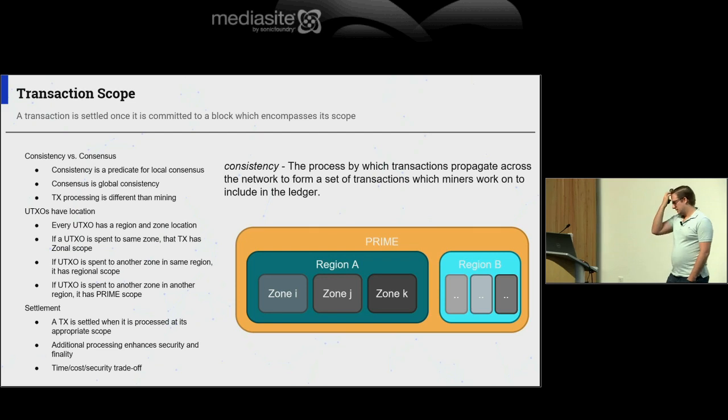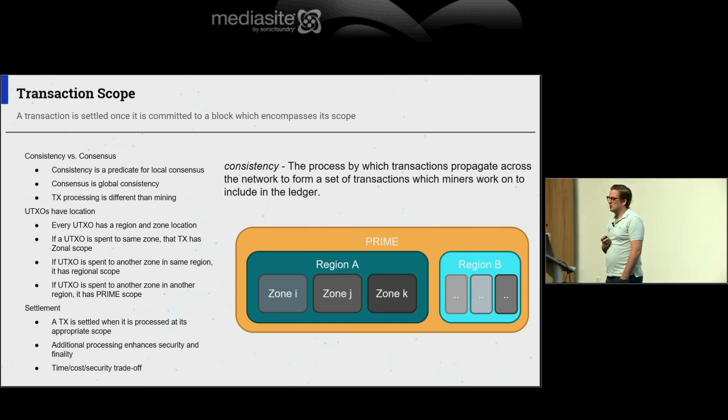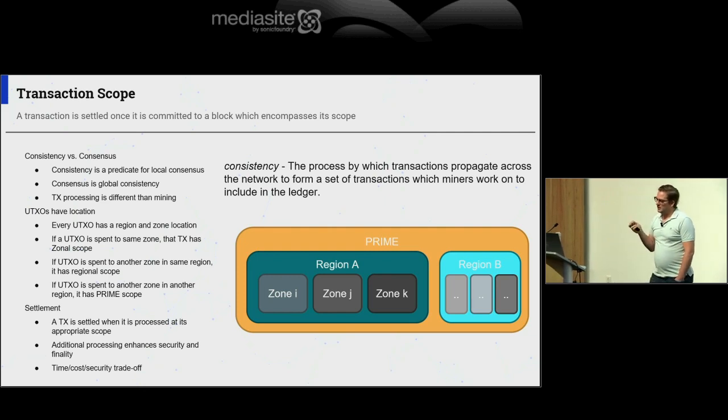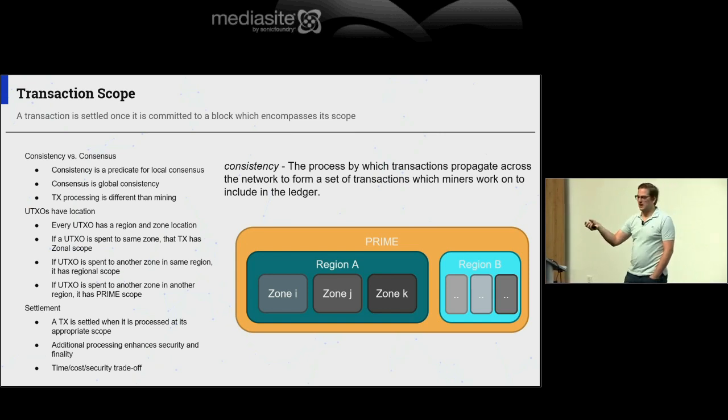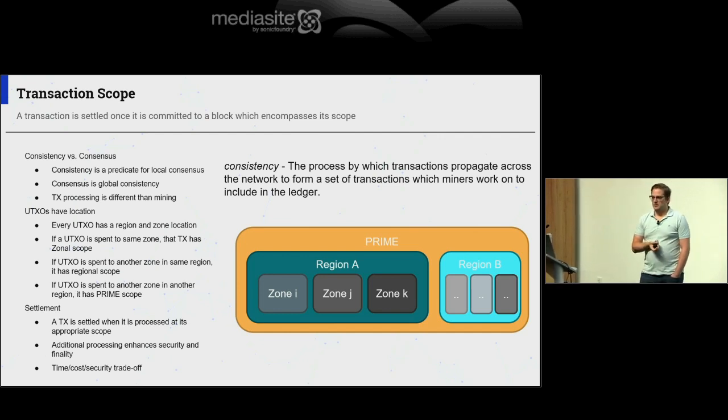Within the context of this hierarchy, we also introduce the idea of scope. A transaction now needs to be located somewhere within the purview of this hierarchy, and that's essentially a 2-byte number. You could have up to, say, 256 regions and up to 256 zones.